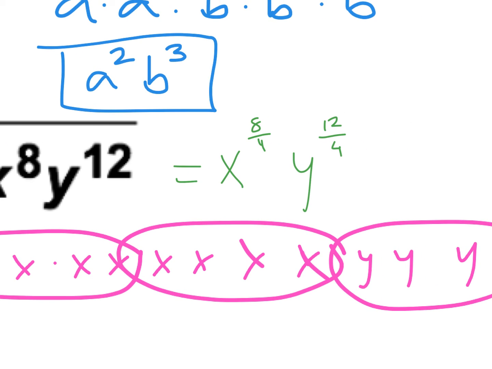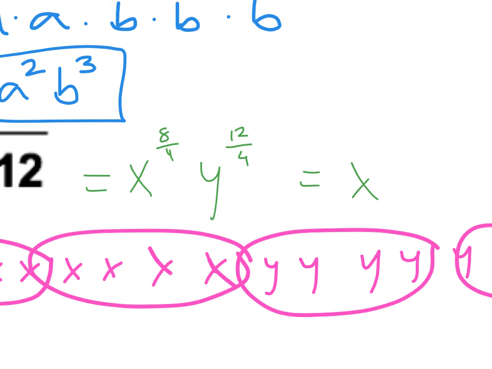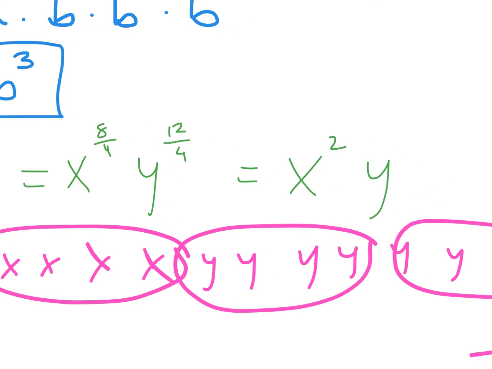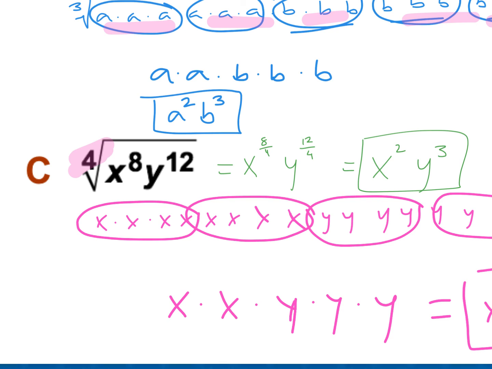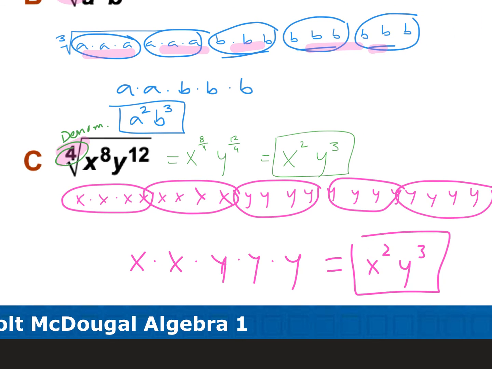So what's 8 divided by 4? 2. And what's 12 divided by 4? 3. So you could do it this way too. Just take whatever your index is and put it in the denominator. See, we got the same answer.